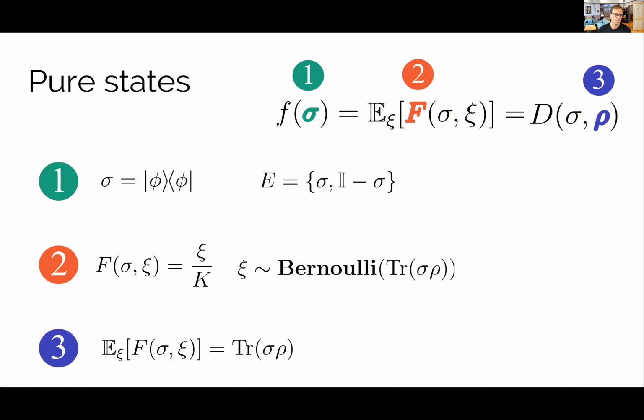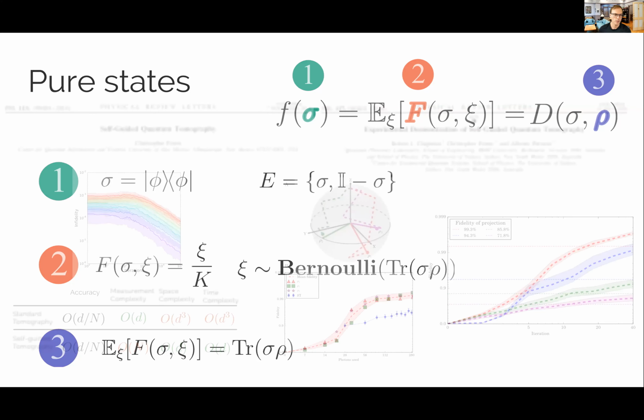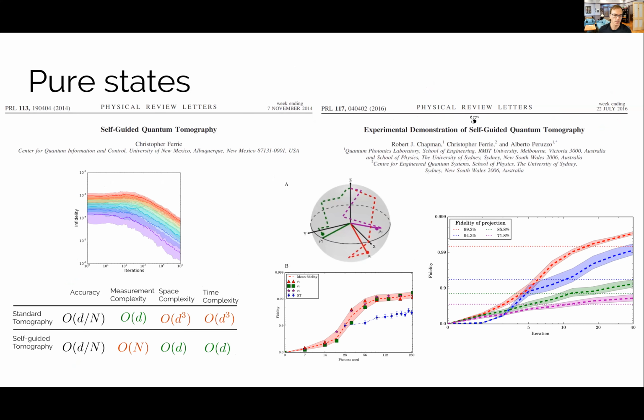Okay. So for pure states, this satisfies the requirements, and then the second one, the desideratum, is that this is extremely easy to do in the lab. Okay, so this is what I did in some simulations in this paper, self-guided quantum tomography.